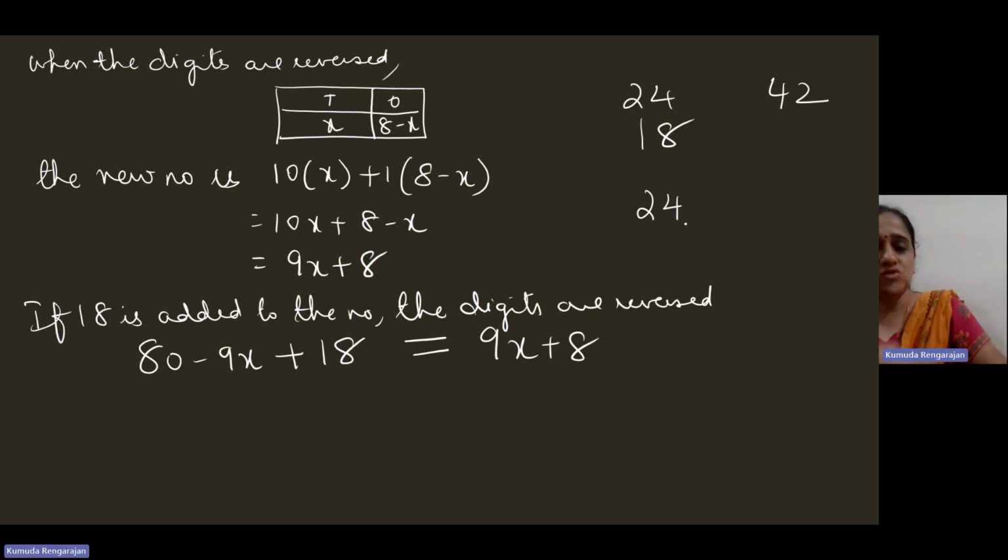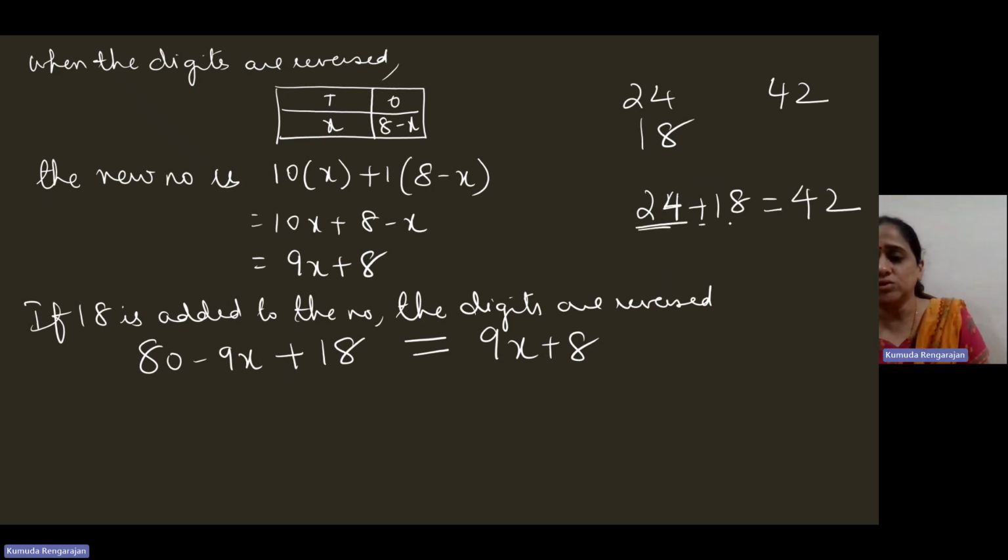So the digits are reversed. 2, 4 becomes 4, 2. If the number is 24 and you add 18 to it, the new number is 42. 24 plus 18 is 42. The digits are reversed. So how do you write that as an equation? To the original number 24, if I add 18, I get the new number, that is, the digits are reversed. Digits are reversed meaning the answer is a new number, 42.